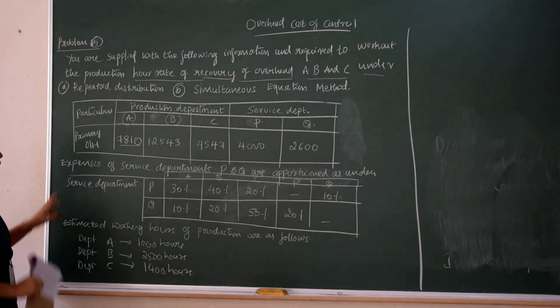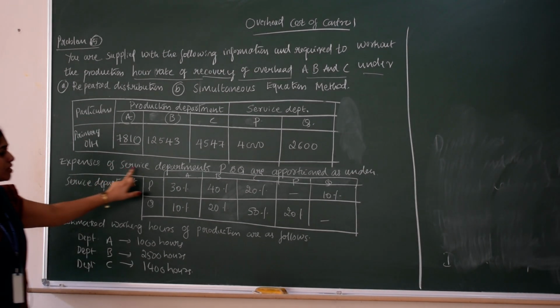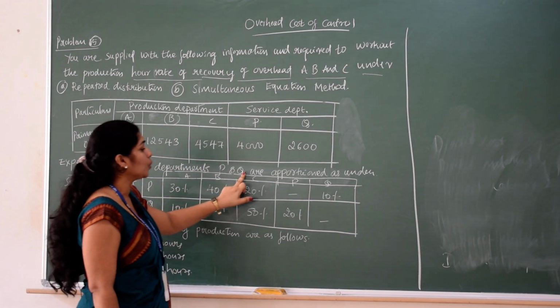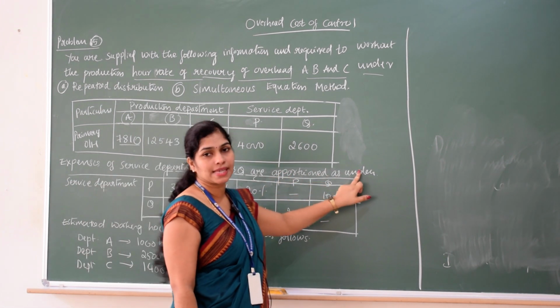The expenses of service departments P and Q are apportioned as under.